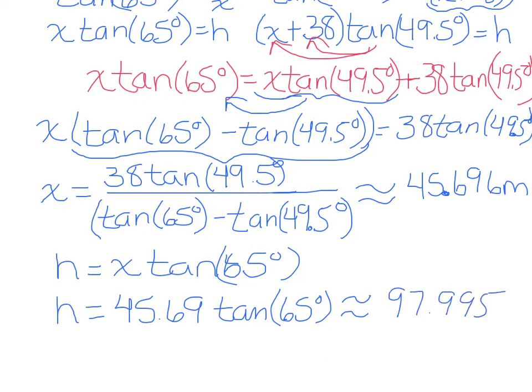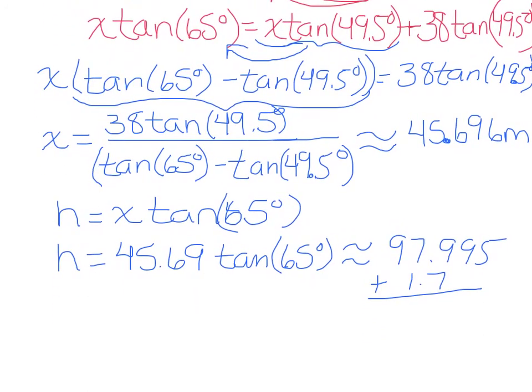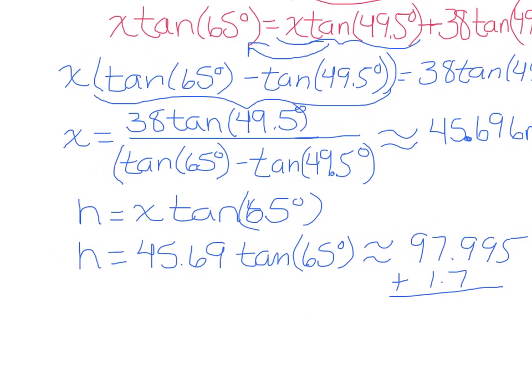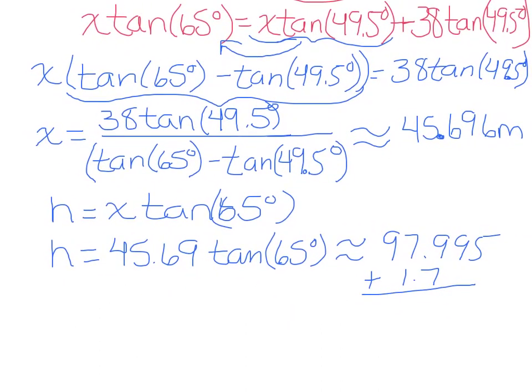Probably would just round that to 98 meters tall, but we want to add their 1.7 meters to the total height, and that would give us Big Ben's height at approximately 100 meters. Okay, so there we go.